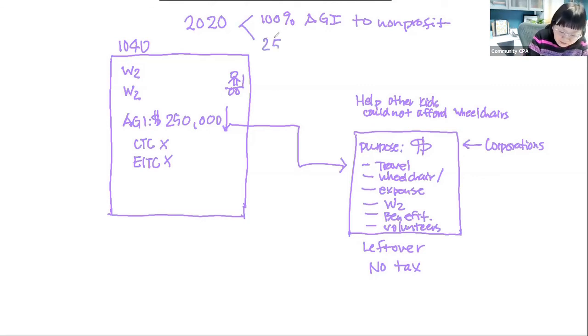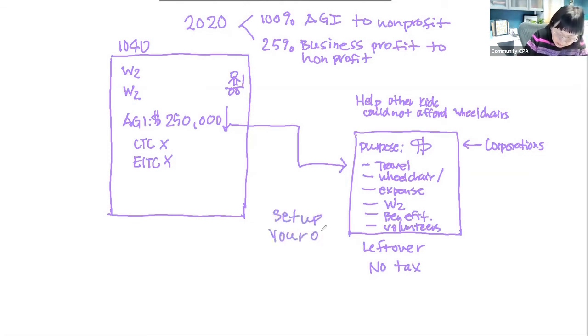You can donate 25% of business income, business profit, to a nonprofit. You can set up your own nonprofit, folks. This is great.